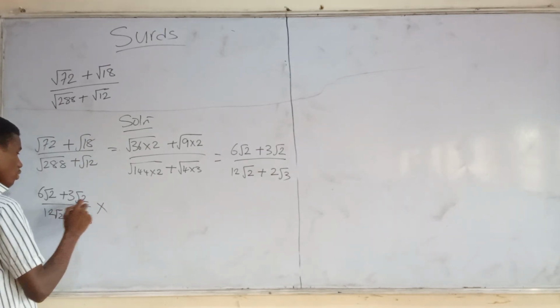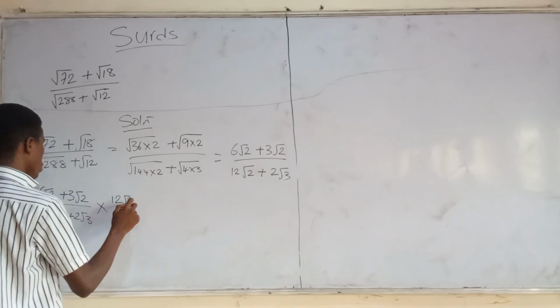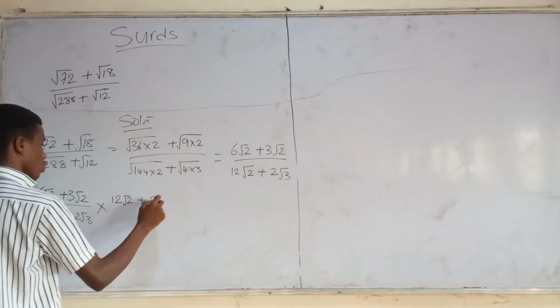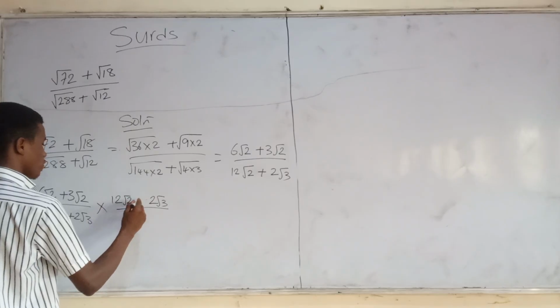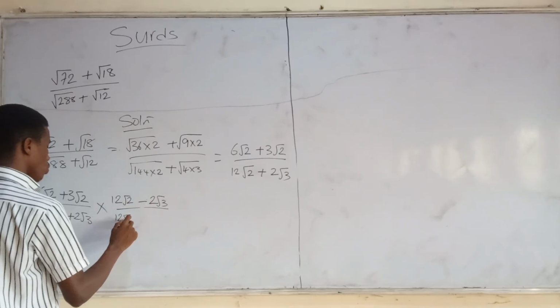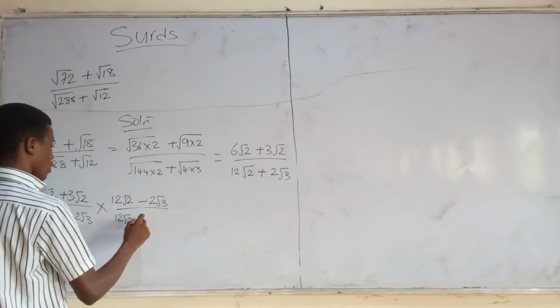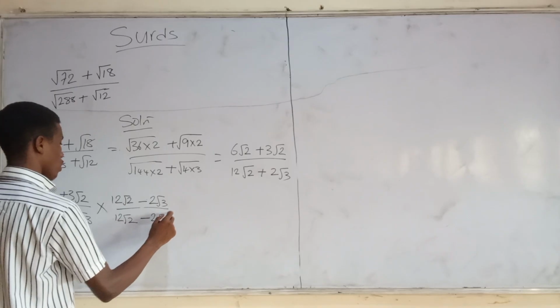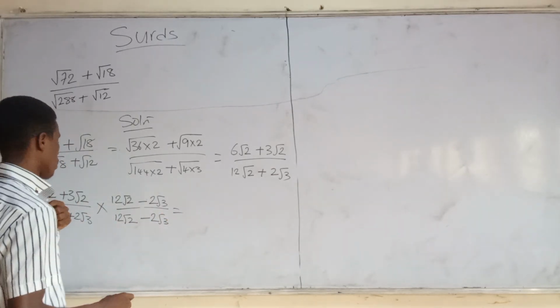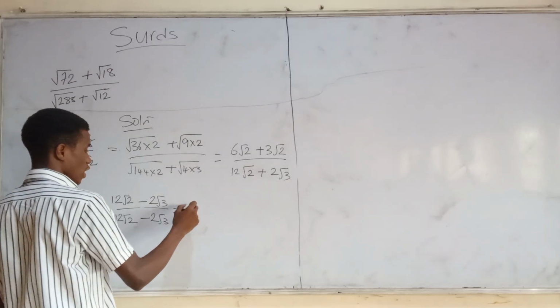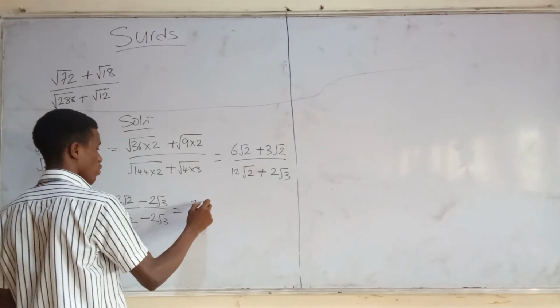So having 12 root 2 plus 2 root 3 over, no sorry, the conjugate here with negative, 12 root 2 minus 2 root 3. And what do we have? 6 times 12 is what? 72, right?